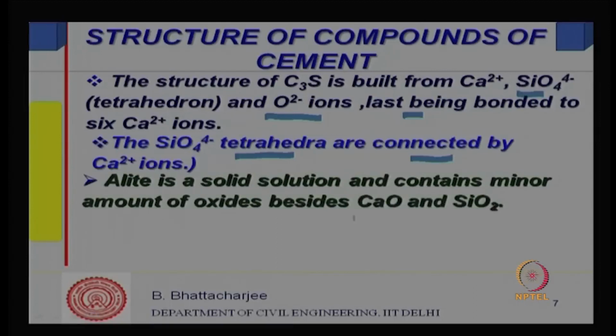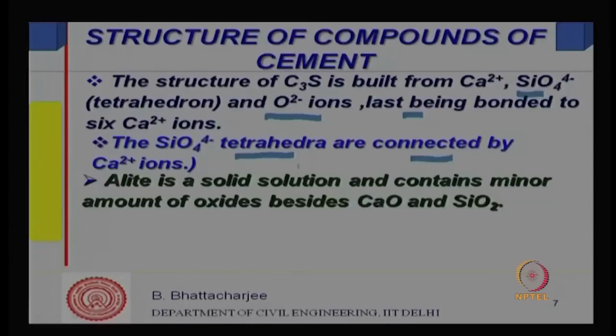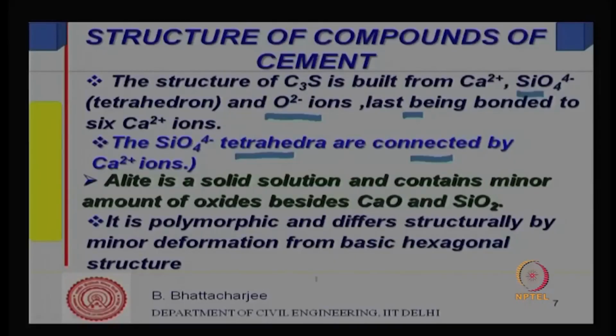C3S, its mineralogical name is alite, which you have seen earlier. It is a solid solution, combining calcium, oxygen and SiO4 tetrahedra, but it also has some minor compounds like sodium oxide, potassium oxide and magnesium oxide.